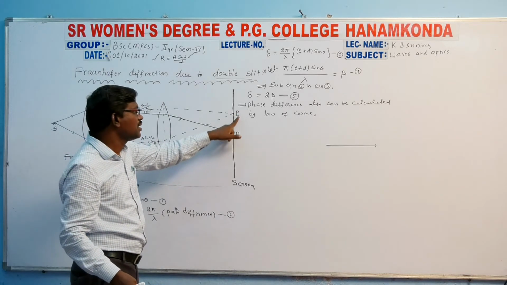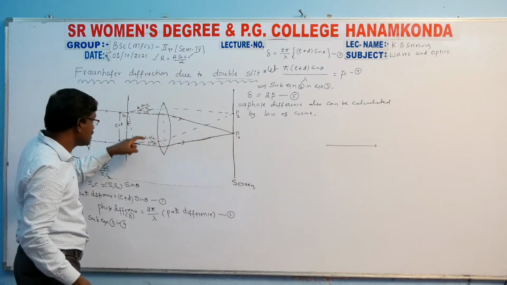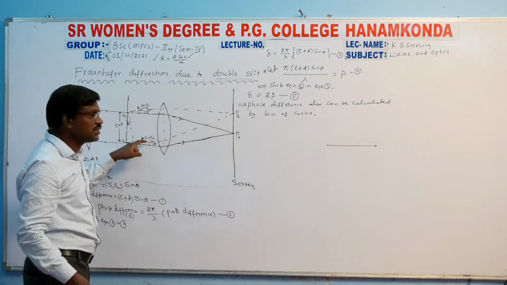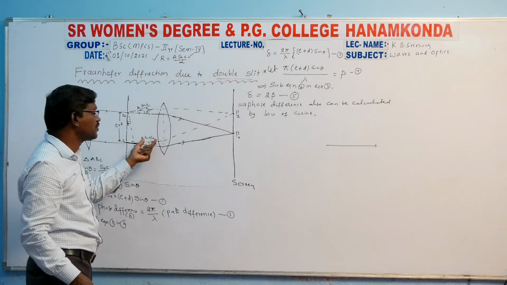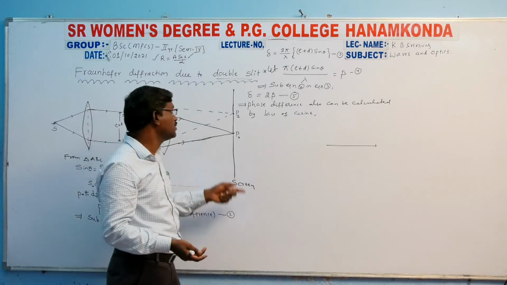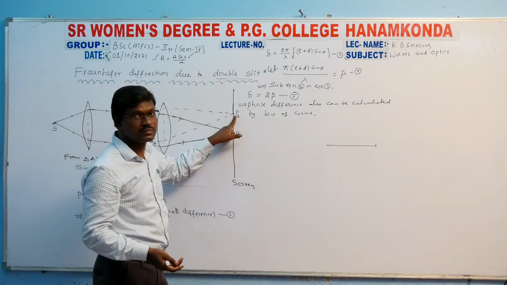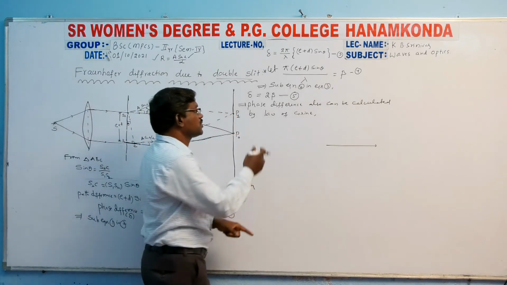I want to calculate the resultant amplitude at P1 due to these two amplitudes. What is the value of each amplitude? A sin alpha by alpha, A sin alpha by alpha. The resultant amplitude at P1 can also be calculated by using law of cosine.